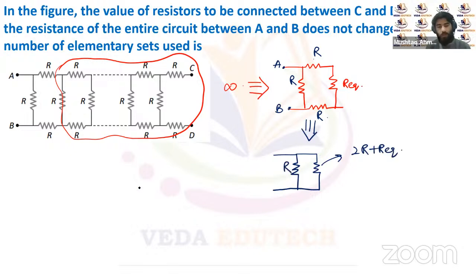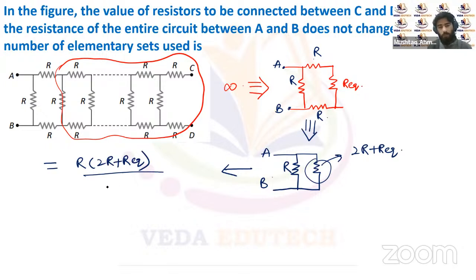Now R and this resistor are parallel to each other, so their equivalent will be R multiplied by 2R plus R equivalent, upon 3R plus R equivalent. And that has to be equal to the R equivalent.